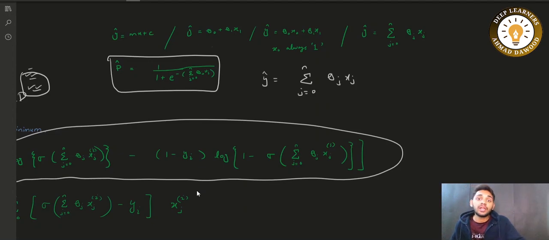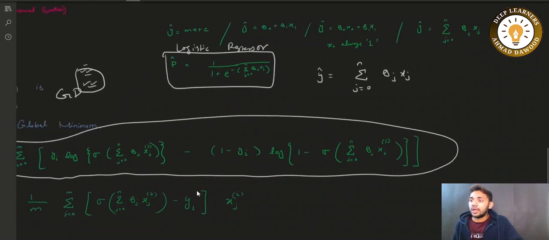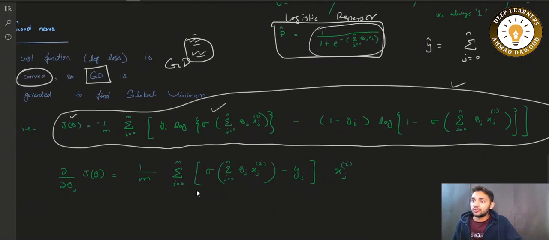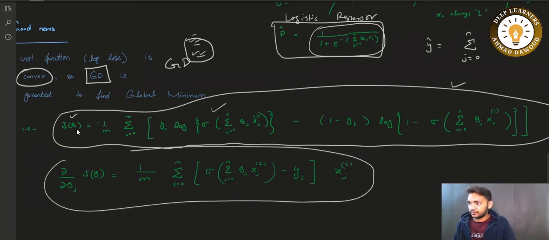If you have multiple features, your equation of logistic regressor will be that. And when you put these values in place of p cap in the cost function, you can write the cost function in this way. If you take a partial derivative with respect to some parameter theta, your equation will be like this.